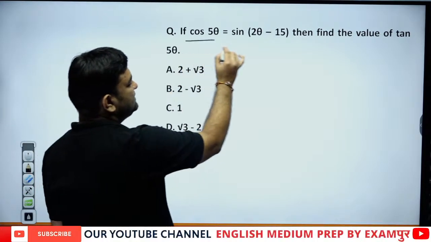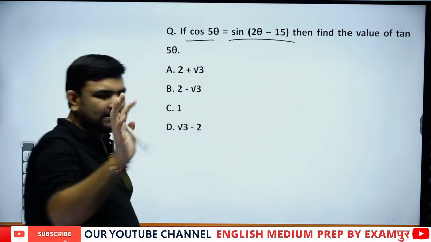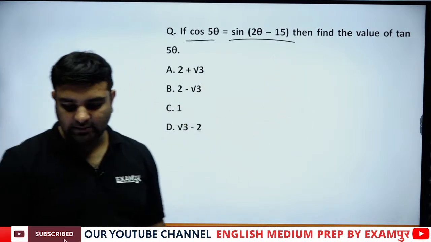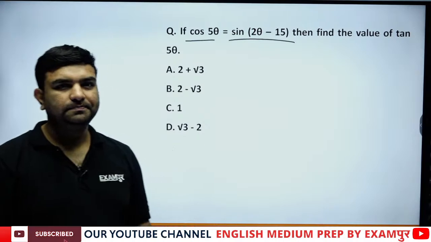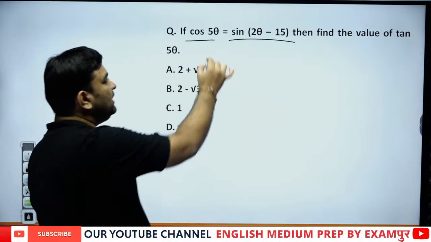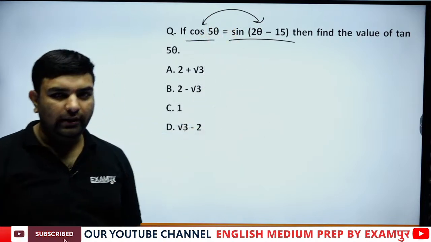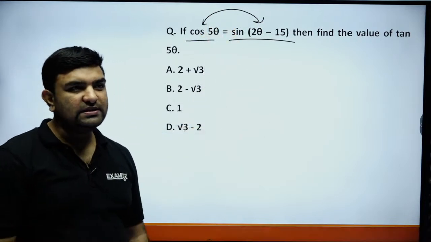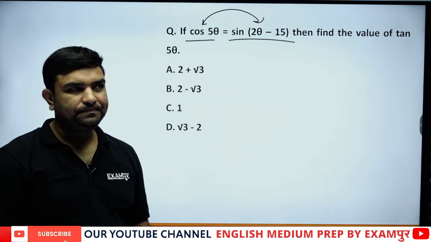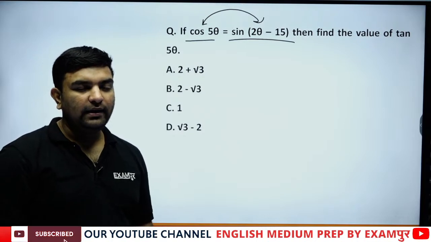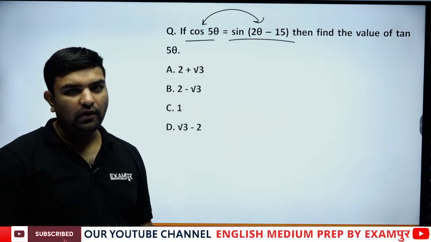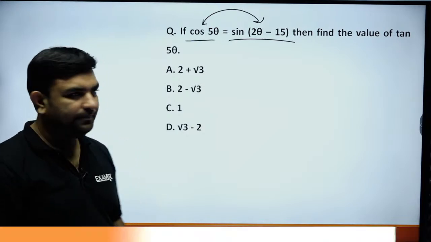Sin 5 theta is equal to cos, like sin something theta is equal to cos this. You know sin and cos are only equal when the angles are complementary.